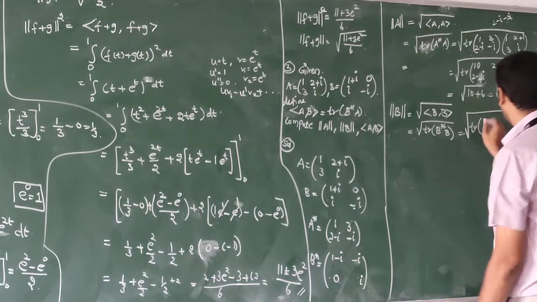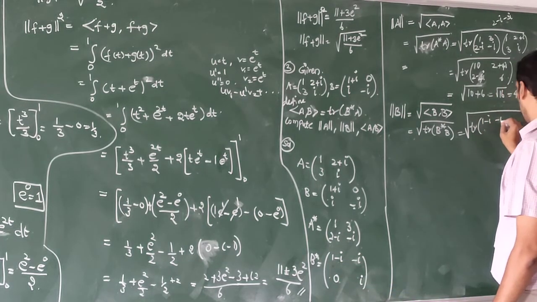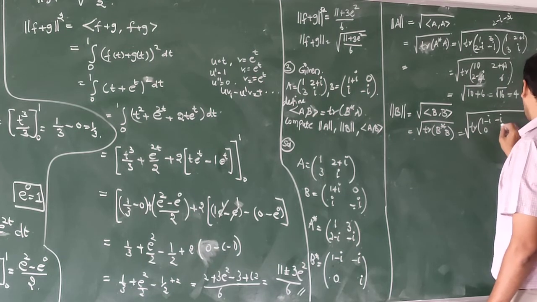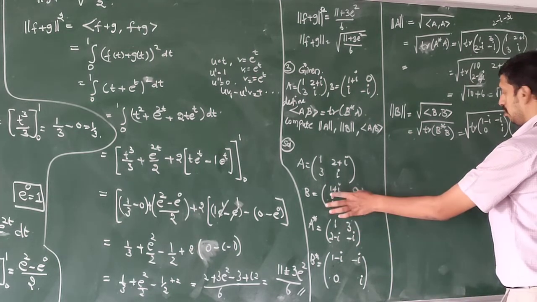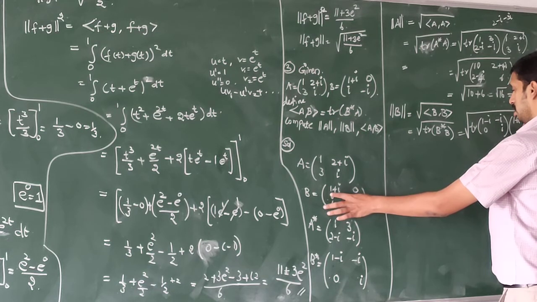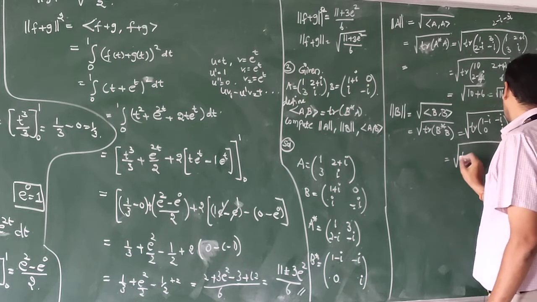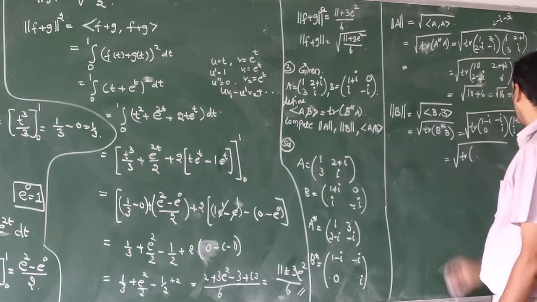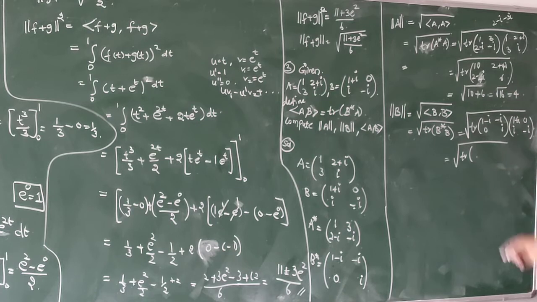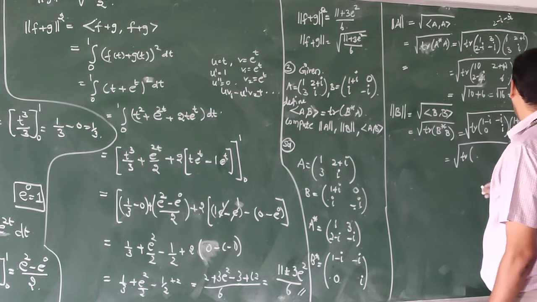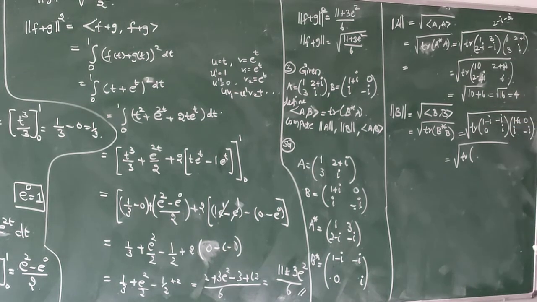B star is given 1 minus I minus I 0 I. So, likewise we have this one is 1 plus I 0 I minus I. So, you have to calculate this one and you have to find this one. So, trace of this one, what will you get? 1 plus I into 1 minus I is what will you get?